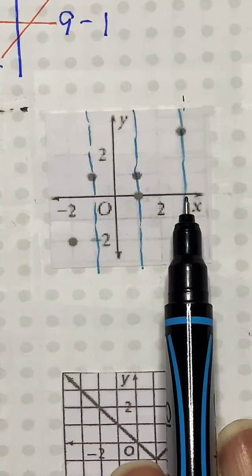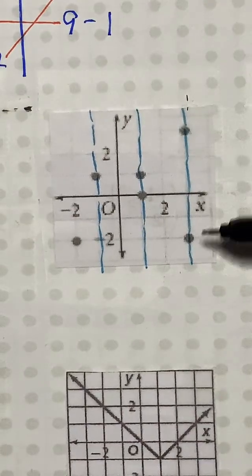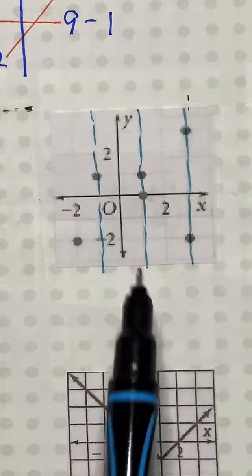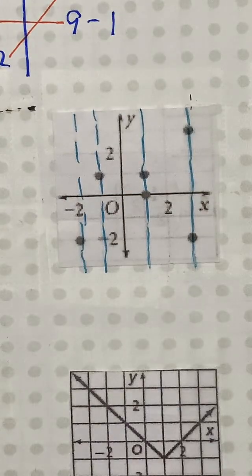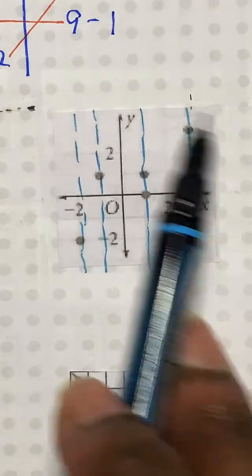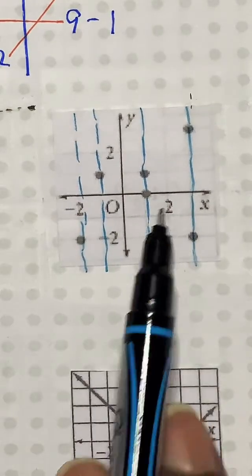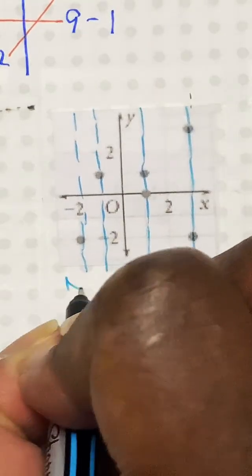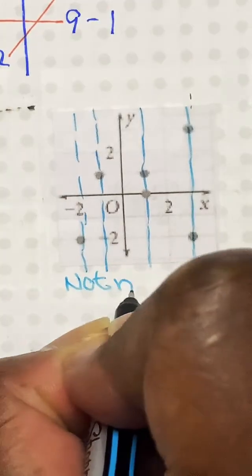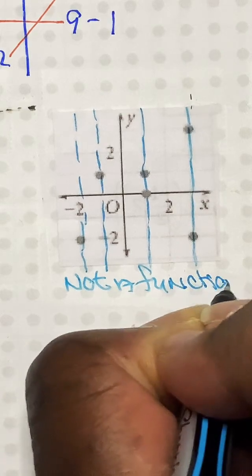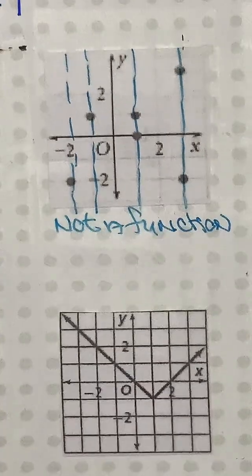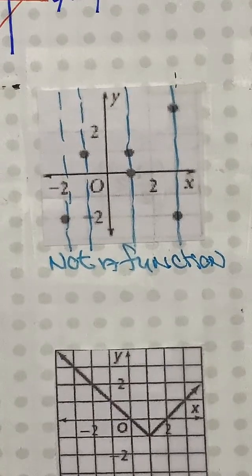Right here at 3, it's repeating in 2 spots. It's fine right here, perfectly fine. It's fine over here. Almost forgot about this one. But overall, if they said the graph overall, this is not a function. Okay, so it's not a function.